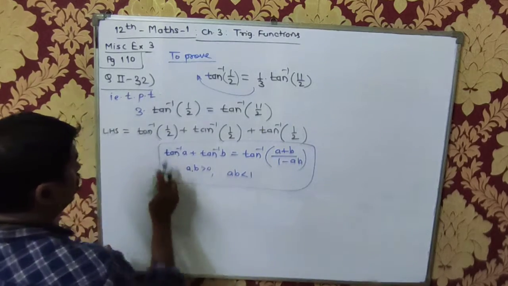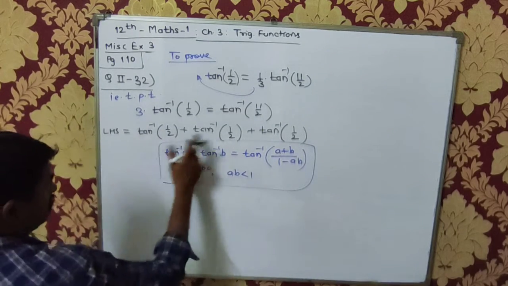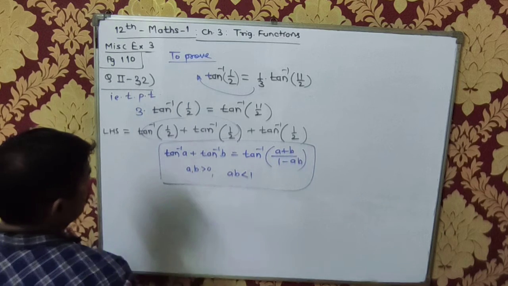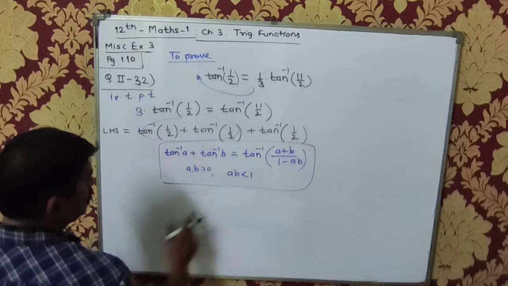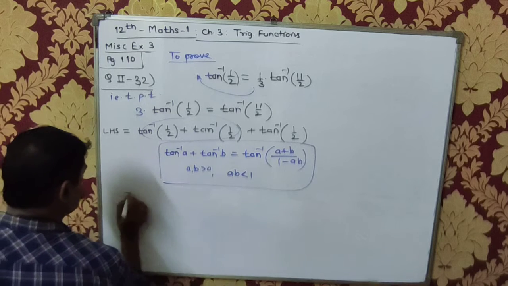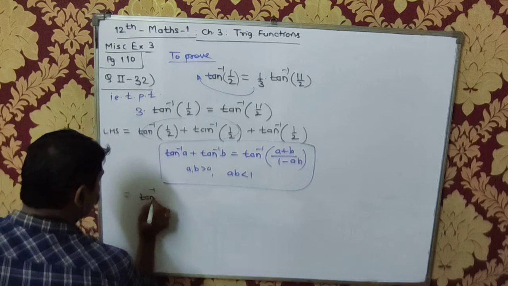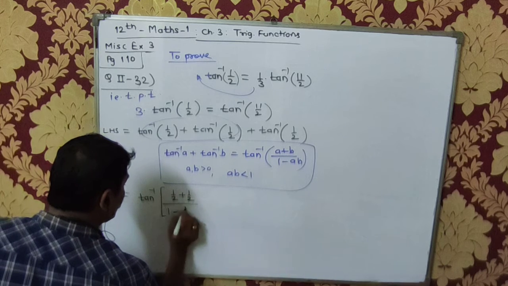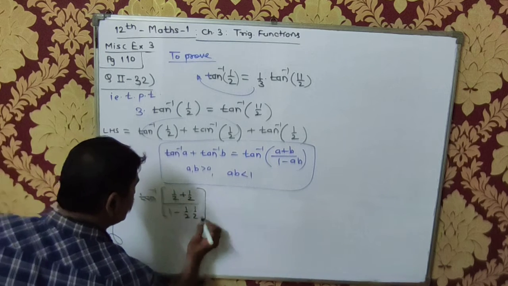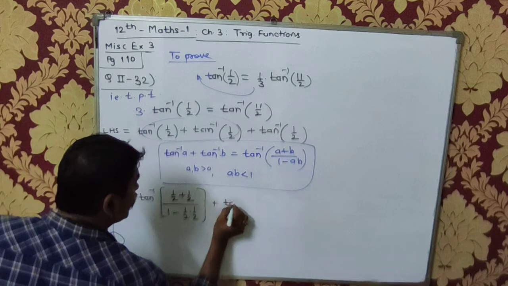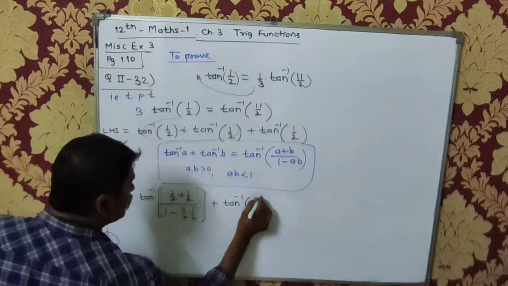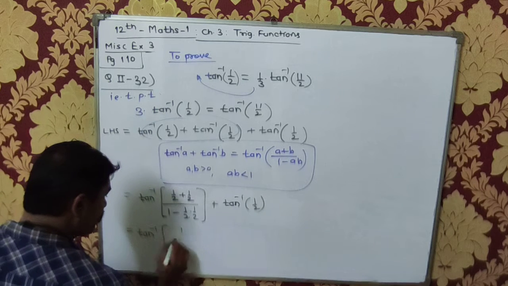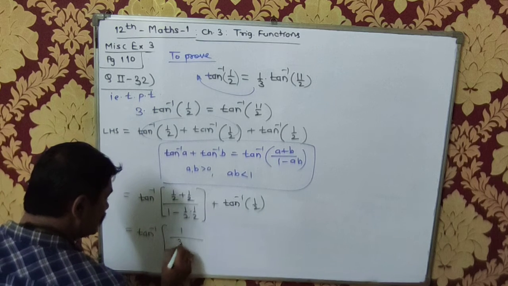So the product AB is 1 by 4. I'll club these two terms together. So half is greater than 0 and 1 by 4 is less than 1, so I'll use this formula here. This will become tan inverse of (half plus half) upon (1 minus half into half), plus the third tan inverse of half will be as it is. Now that is equal to tan inverse of (half plus half is 1) and (1 minus 1 by 4 is 3 by 4).